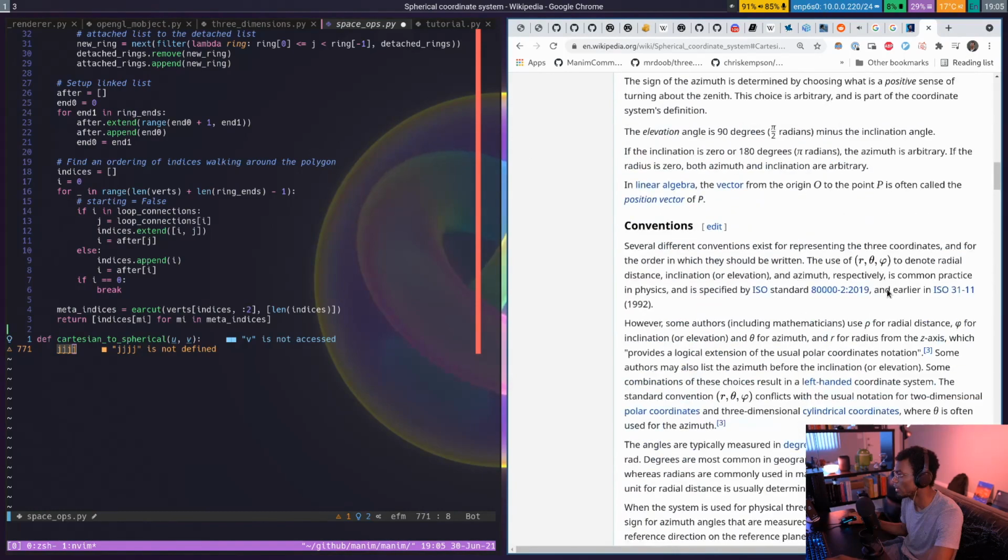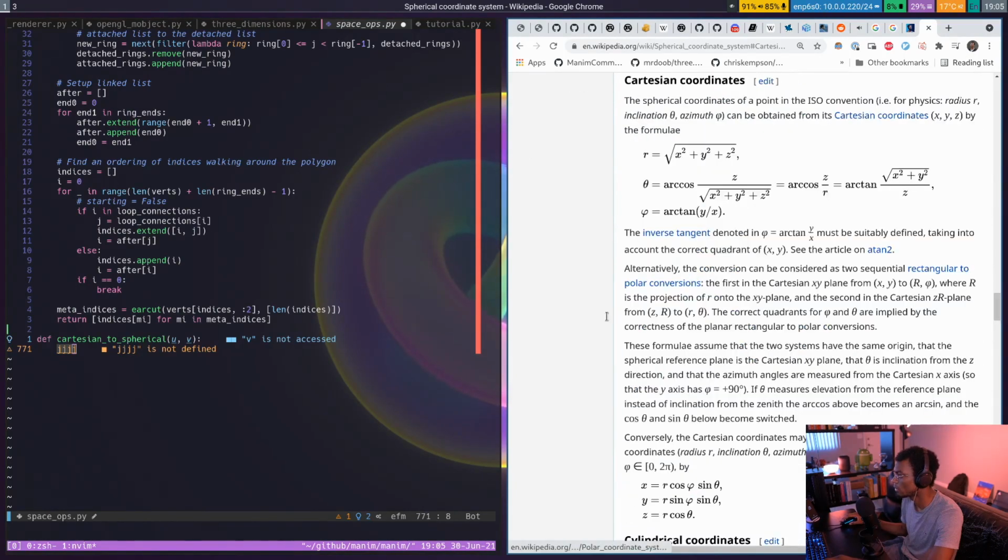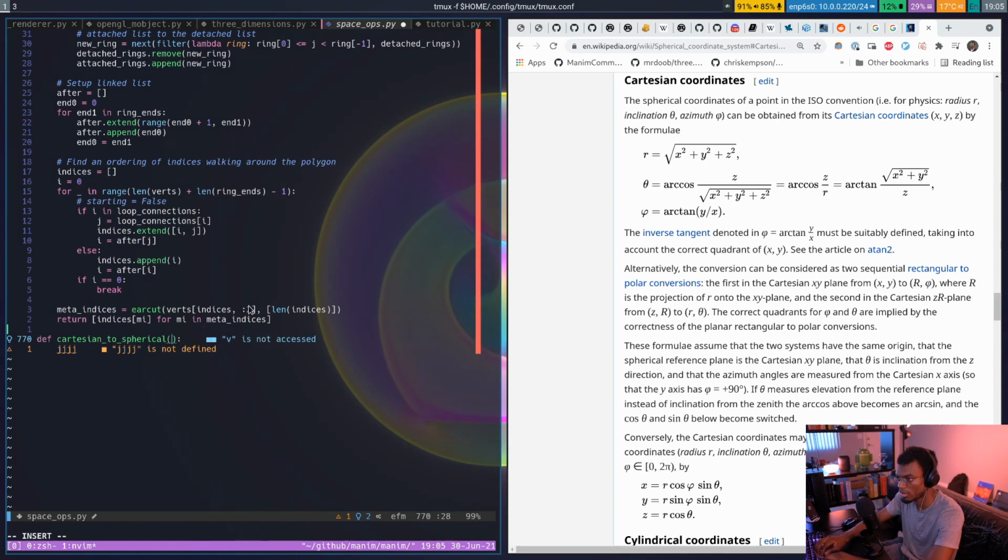Where did that go? Here we go. Okay, here's Cartesian spherical. This will take X, Y, Z. Blake 4096, what's going on? Oh, we got that problem.